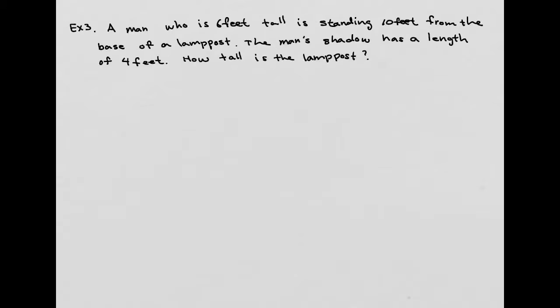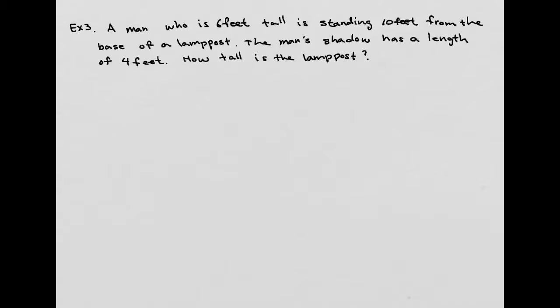Example 3. A man who is 6 feet tall is standing 10 feet from the base of a lamppost. The man's shadow has a length of 4 feet. How tall is the lamppost? So let's see if I can picture this.